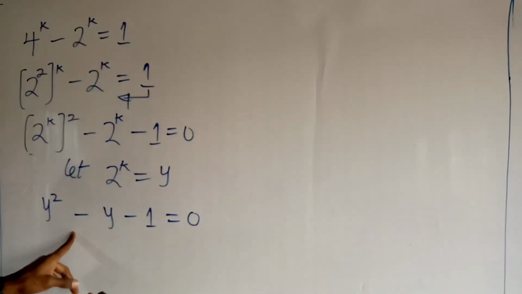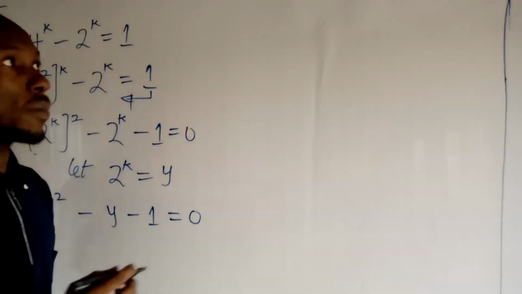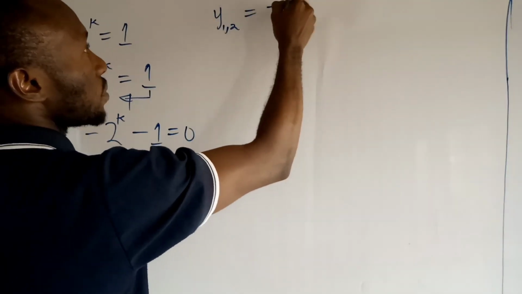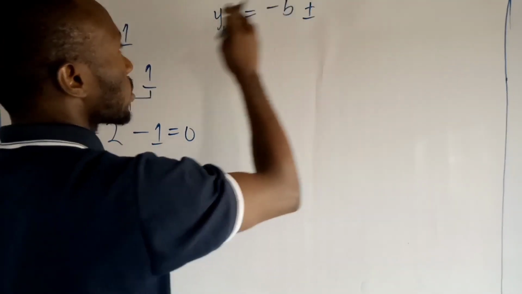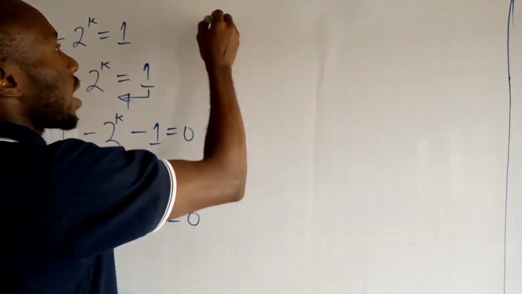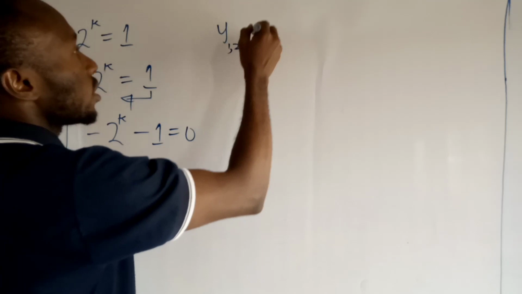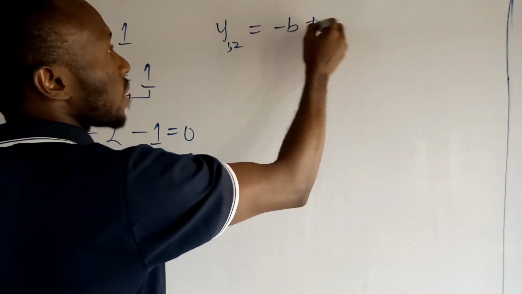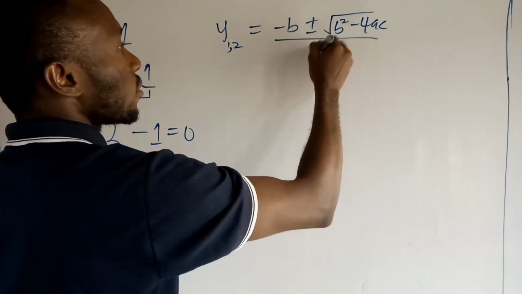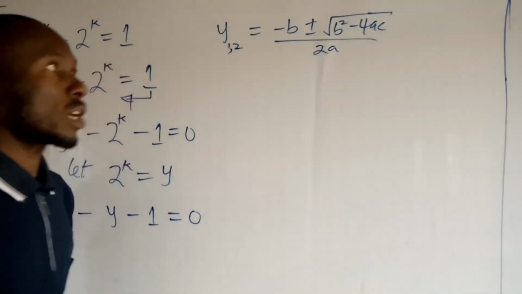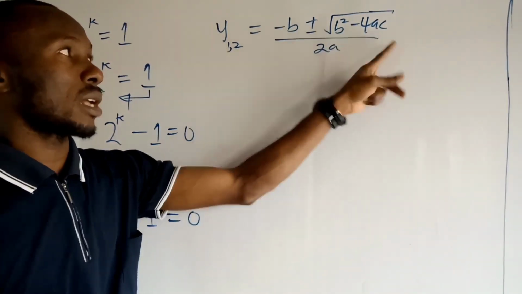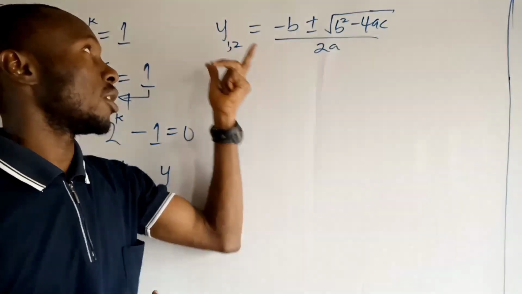Now remember that the quadratic formula gives us y1,2 is equal to minus b plus or minus the square root of b squared minus 4ac, all over 2a. This is the quadratic formula, and we want to find the values of a, b, and c so I can plug them in here and get the value of y.